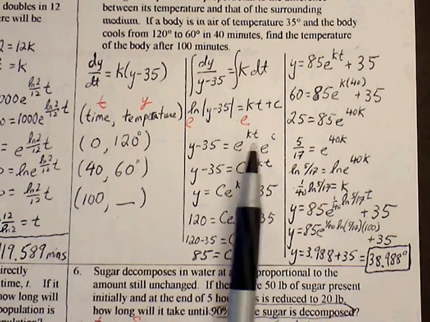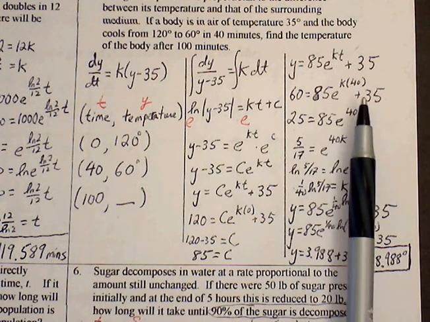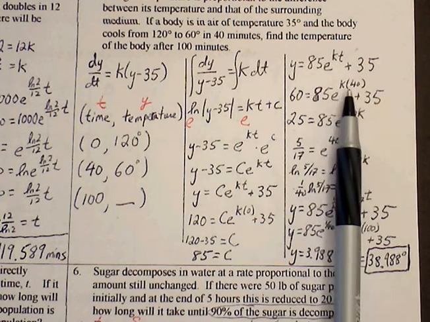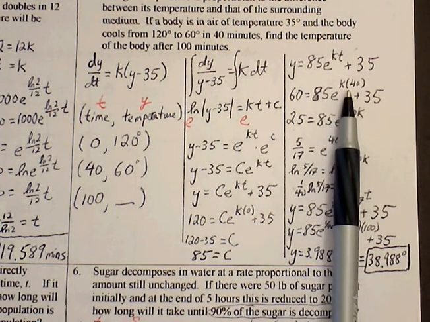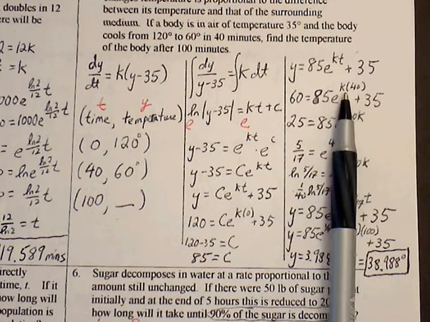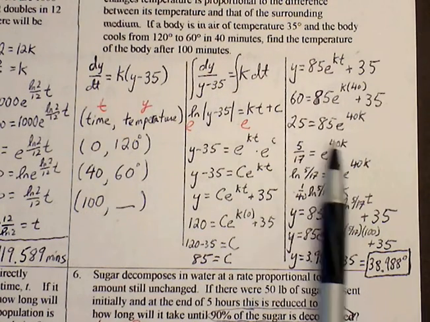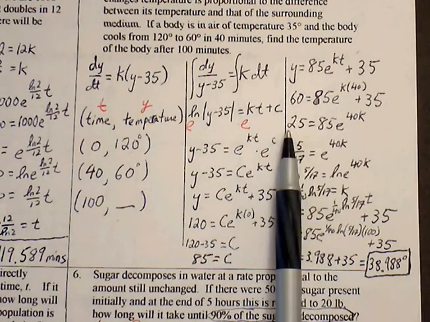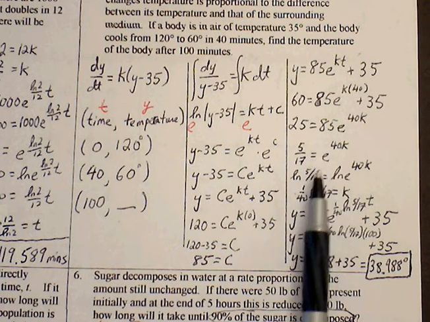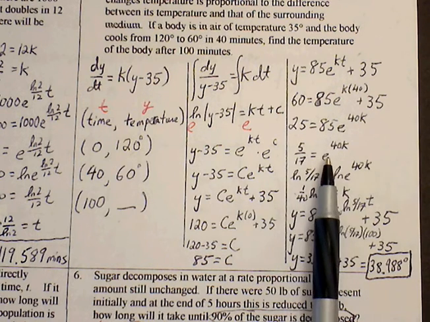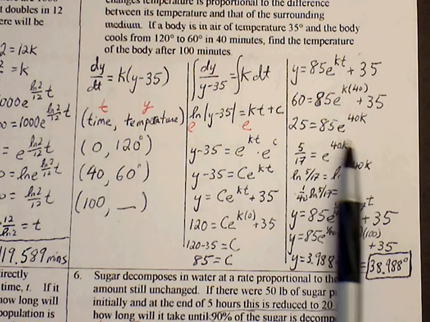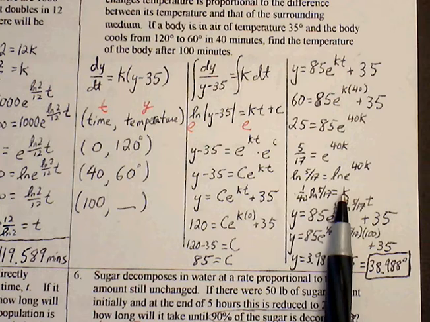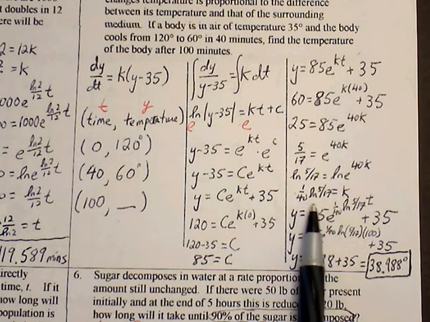Once we have that, we get 60 is equal to 85 e to the 40k plus 35. Okay, step by step, let's get closer and closer to the e so we can solve for k. So subtract 35 from both sides, gives us 25. Divide both sides by 85, and then finally we can take the natural log of both sides, so I can bring this 40k down in front, and then divide both sides by 40. So we have our k value.